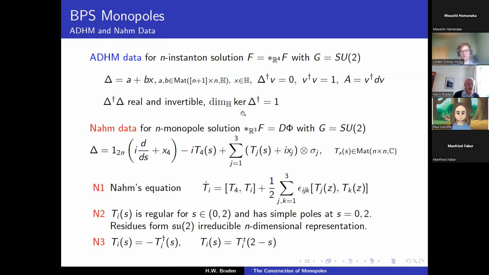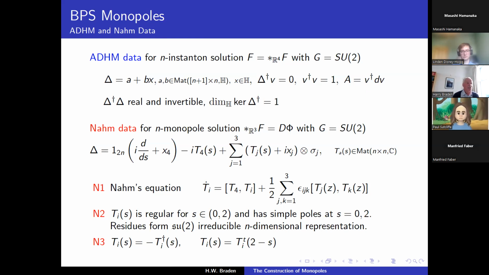So, although Atiyah and Ward introduced the ansatz for constructing instantons, the big advance was with what we now think of as the ADHM construction, where we can write down algebraically solutions for n instantons.